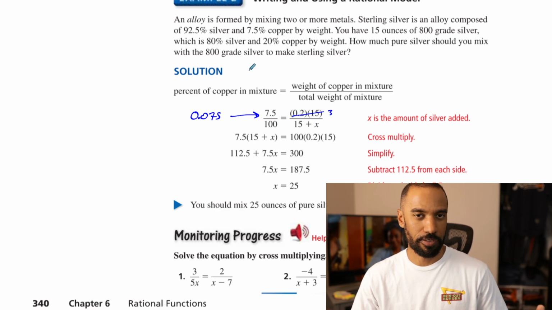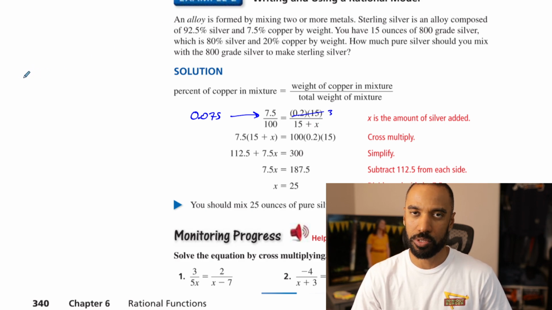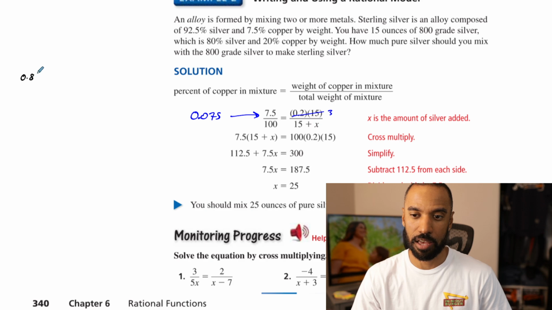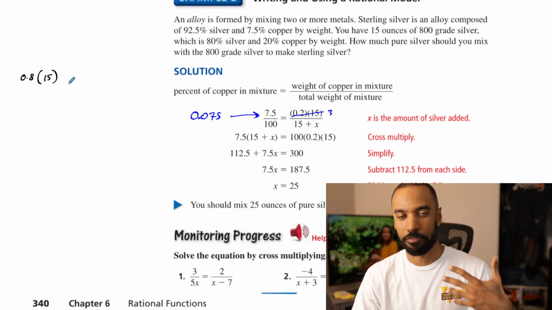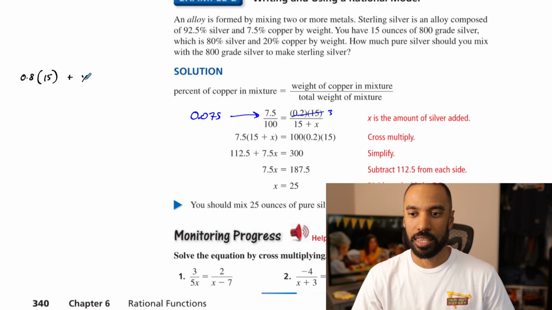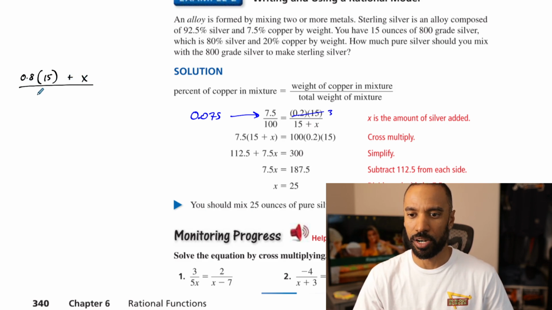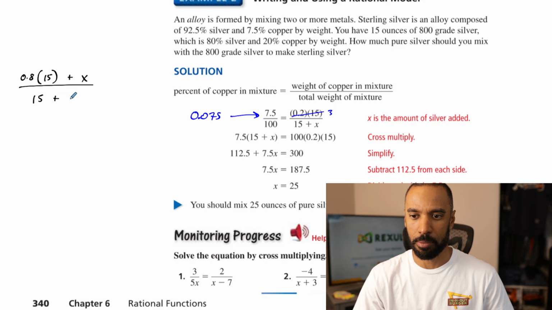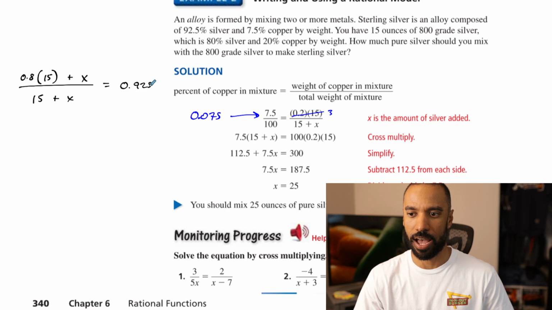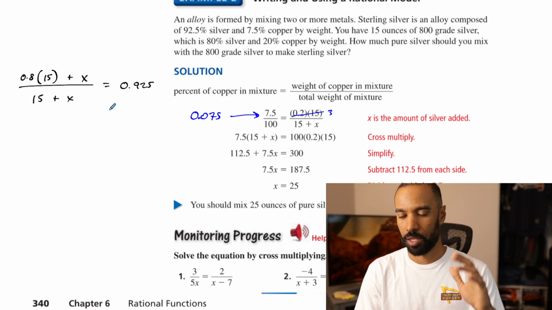What I was going to do was very similar, but I was only going to do it in terms of silver. I was going to say, if you take the 80% of silver times 15, 80% of the 15 ounce thing is silver, and you add this many more ounces of pure silver, and divide it by 15 plus the amount of pure silver here, then you want it to become 0.925, which is 92.5%.